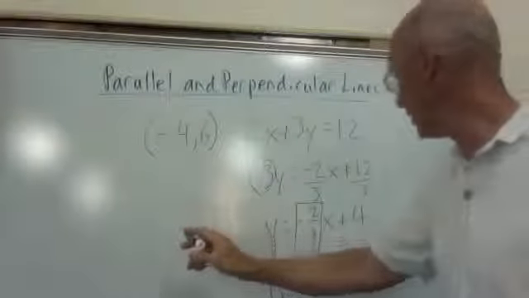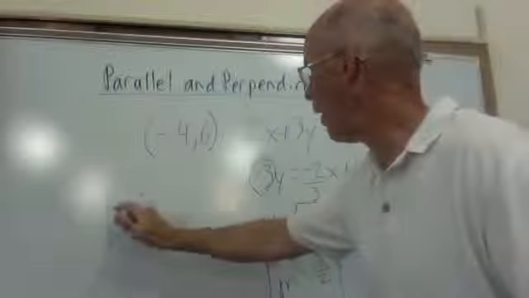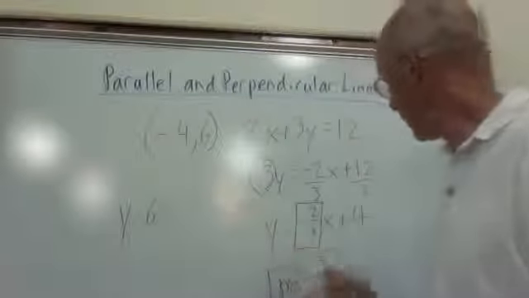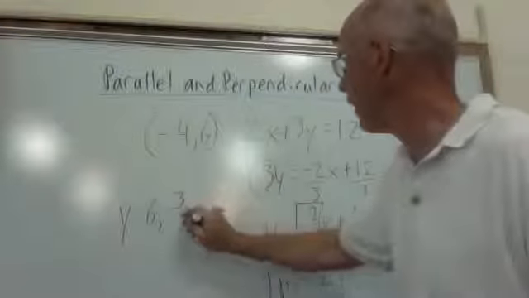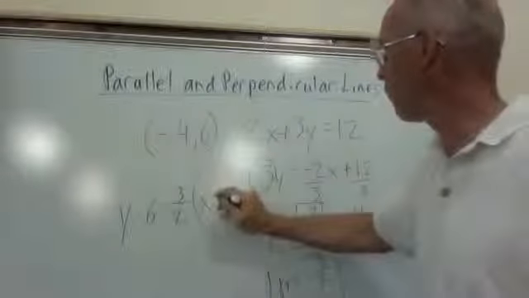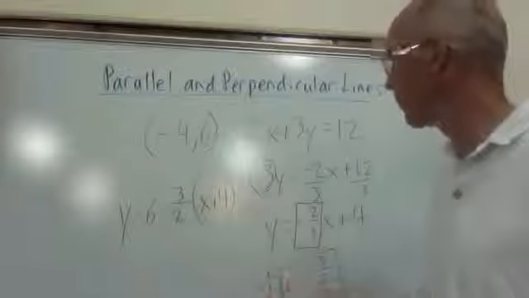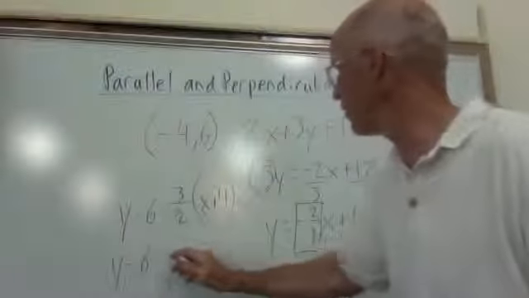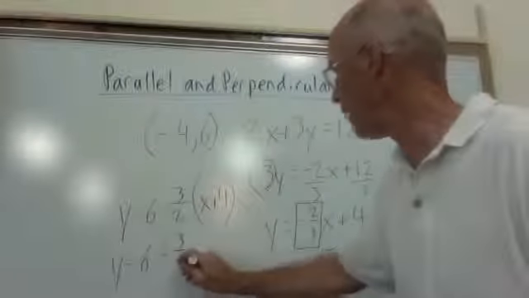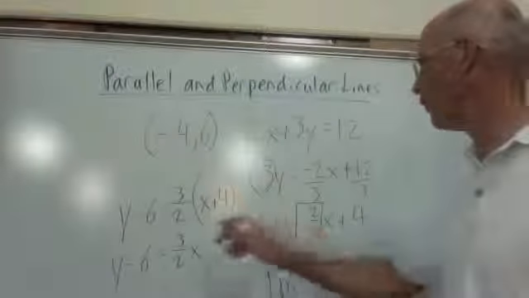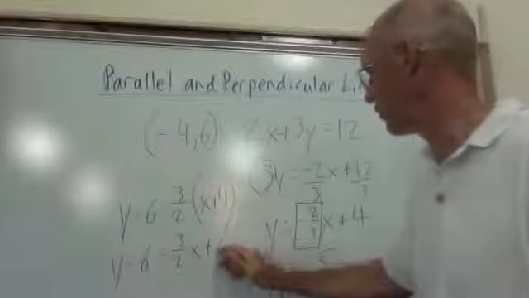Okay, I'm going to do it over here. So y minus y1, and my new slope is going to be 3/2, and x minus negative 4, so x plus 4. Simplify this, y minus 6 equals 3/2 x, and 3 times 4 is 12 divided by 2, so it's going to be plus 6.